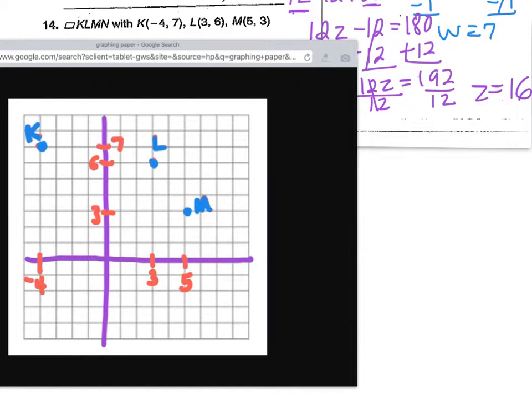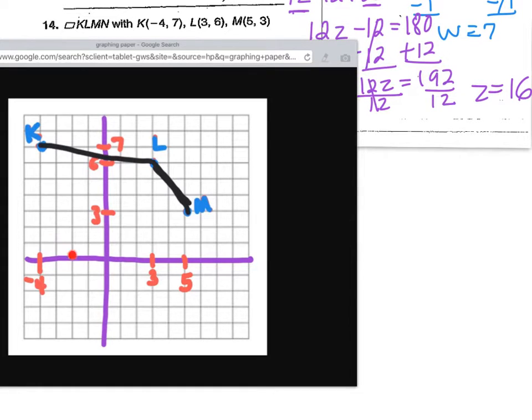Okay, in problem number 14, you first plot the points. Once you plot the points, when you want to connect the points, see the parallelogram is K, L, M, N, so you have to go in that order. From K to L, from L to M, and then you have to go to N. So we're missing the N. Now where's the N going to be?